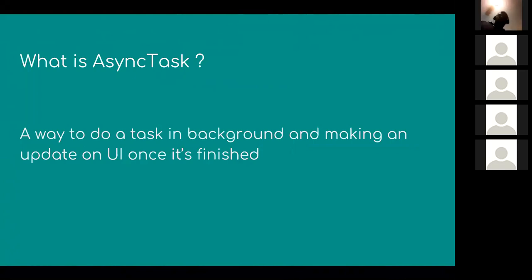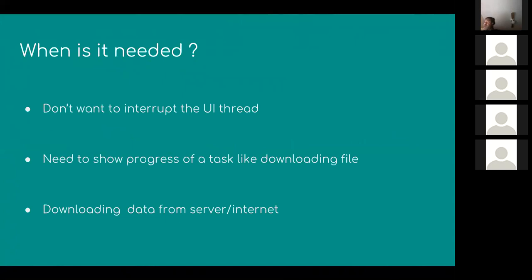And the user will get frustrated by this, because he probably will uninstall it, and you'll just lose one user. That can happen a lot, especially on devices that have low RAM or a very slow processor. So that's the main reason why we will need AsyncTask.